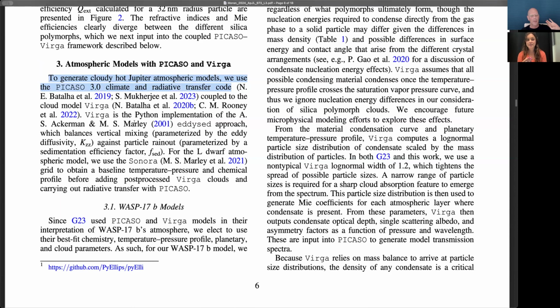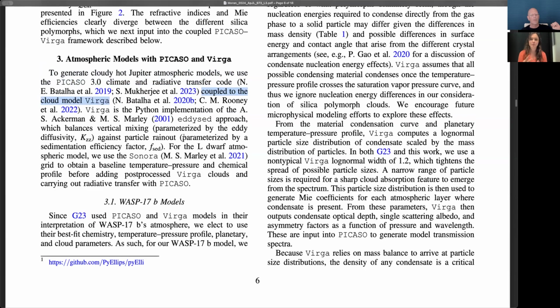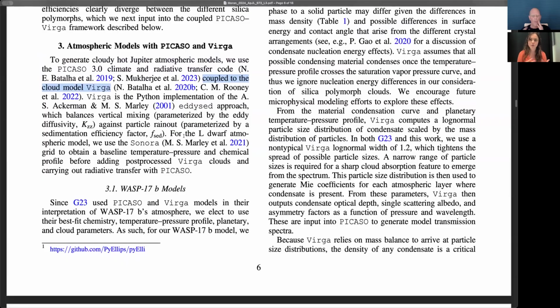The cloud portion of this code pairing is called Virga, which is simply the Python version of EddySed, a widely known and used cloud model for exoplanets and brown dwarfs. Essentially, I used PICASO to do the chemistry and radiative transfer, and Virga to do the cloud side of things.